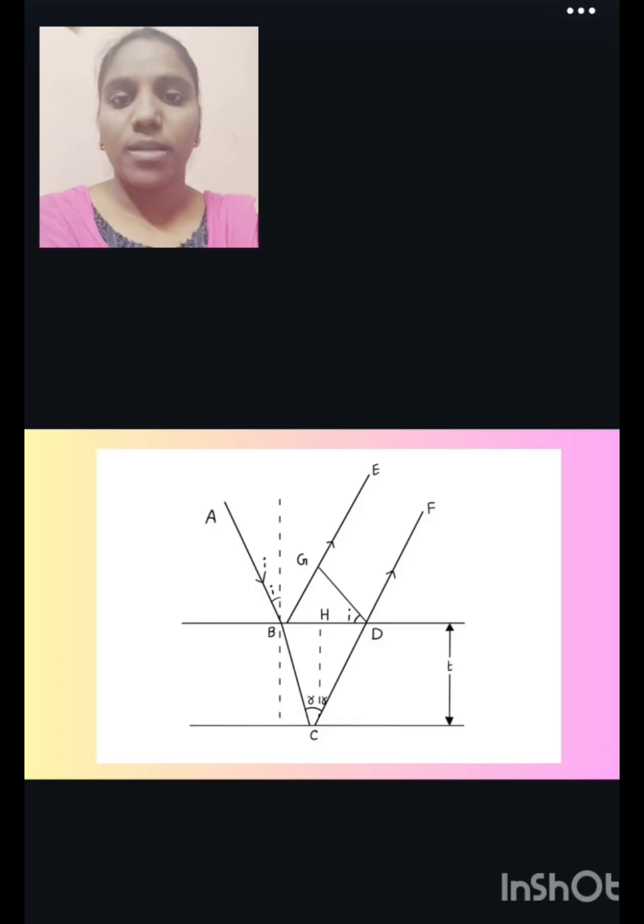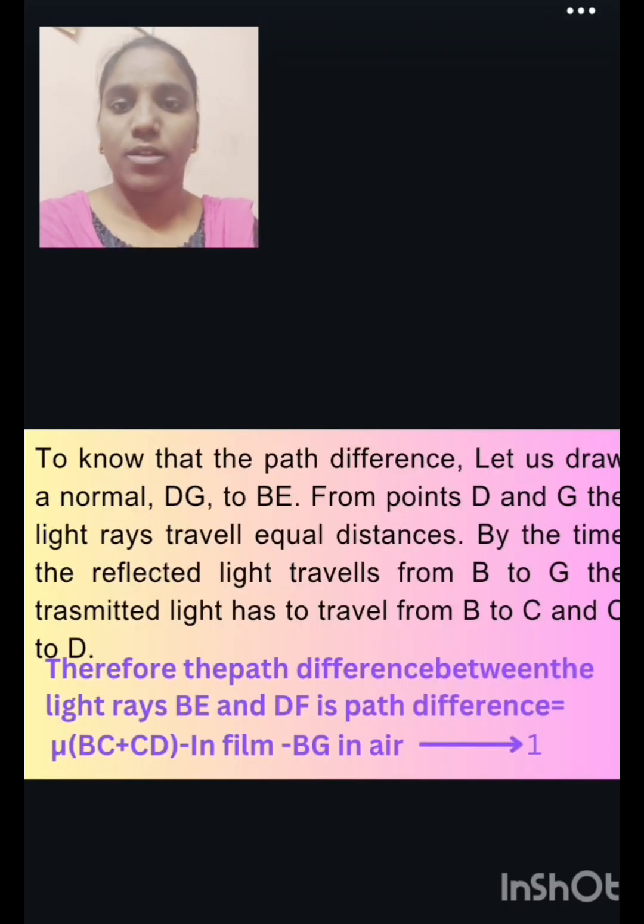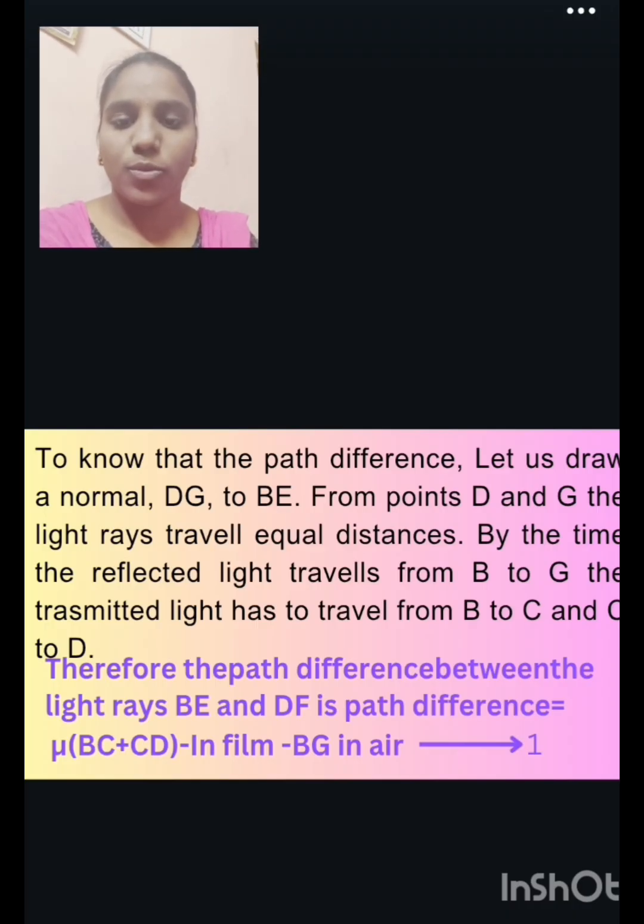We have to find the path difference between DF and BE. To know the path difference, let us draw a normal DG to BE. From points D and G, the light travels equal distance.